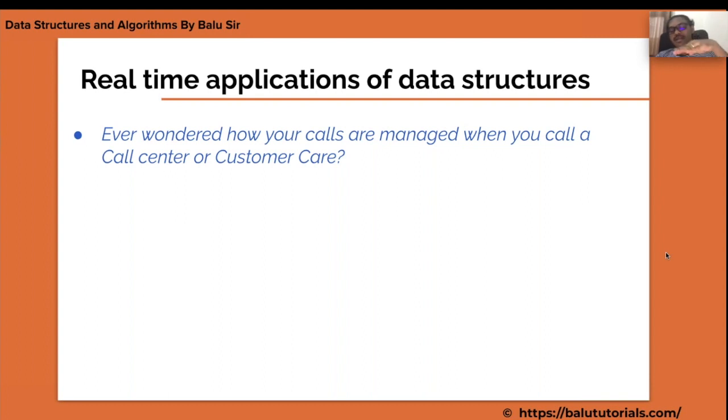In whichever order customers enter, in the same order they are served. That is call center management, or customer care services. These services are managed based on the queue, first in, first out, FIFO order, or first come, first serve.